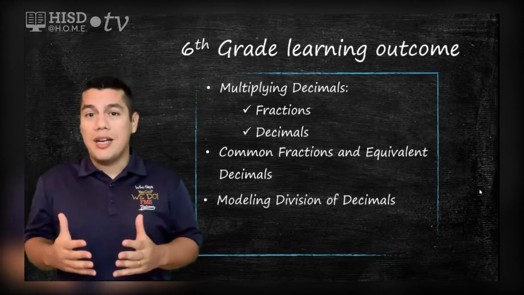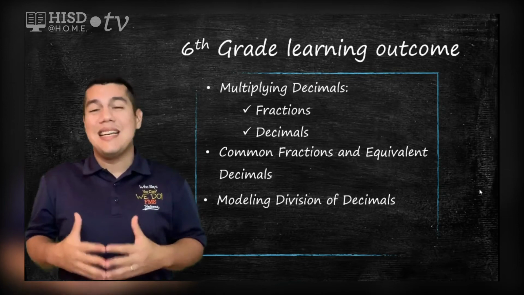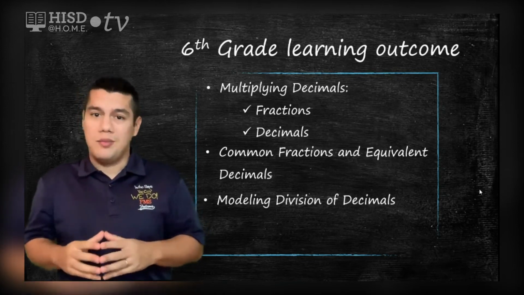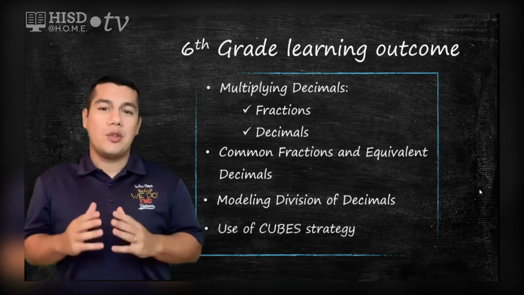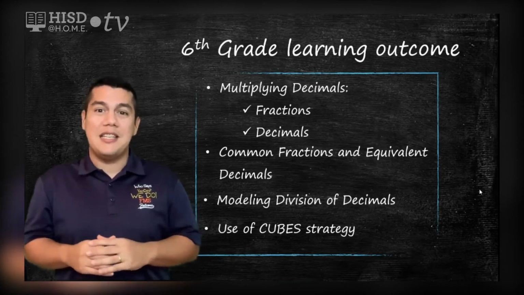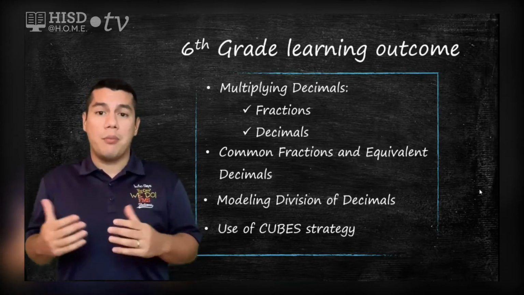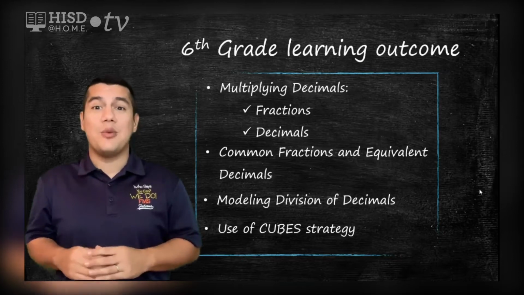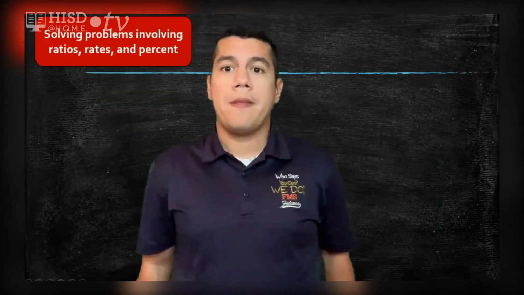We also learned how to divide decimals and how to model this division, and we also learned how to use the cube strategy in order to solve our problems. So now let's get to our 7th grade section.